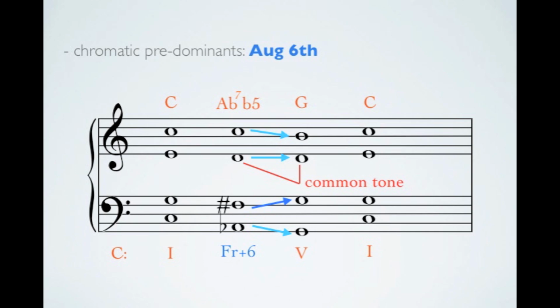Notice that with the French augmented 6th, the lowered 5th, the D, is a common tone with the dominant, a kind of anticipation. Also notice that in all 3 types, the augmented 6th interval resolves identically to an octave.